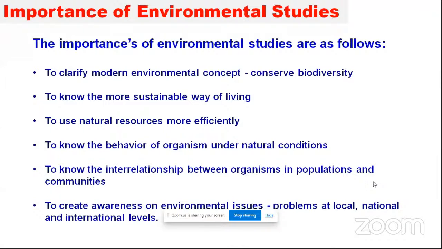They could be local in nature, national in nature, or international in nature. Local, we have problems at the region level. Bangalore city, they say it is not a garden city, but a garbage city. So that's a local issue. A national issue: the whole of India is known for non-sanitation and uncleanliness.